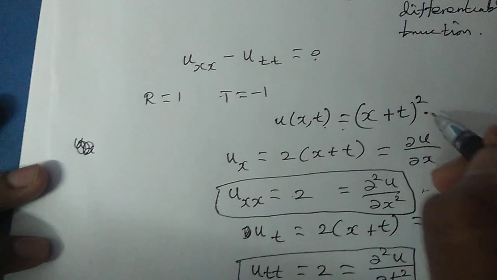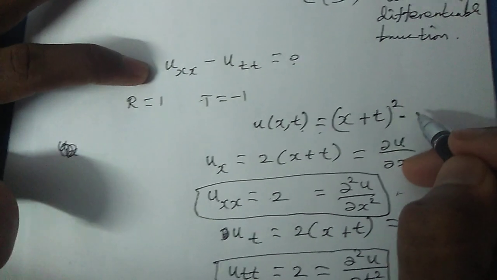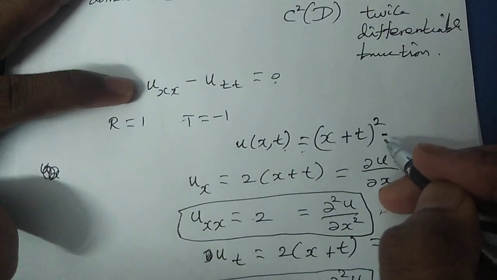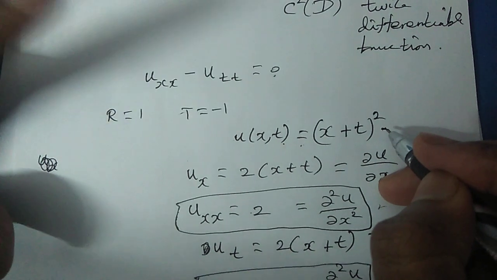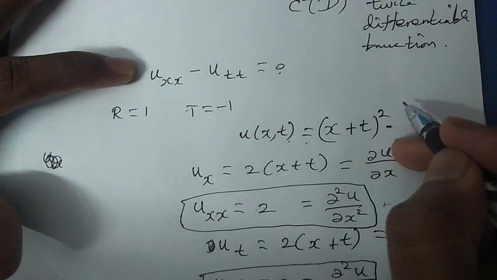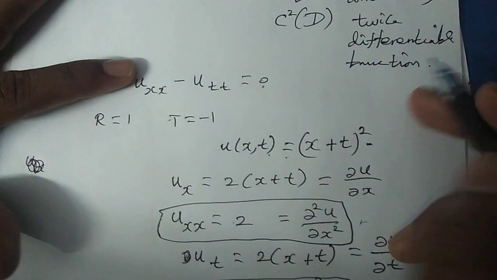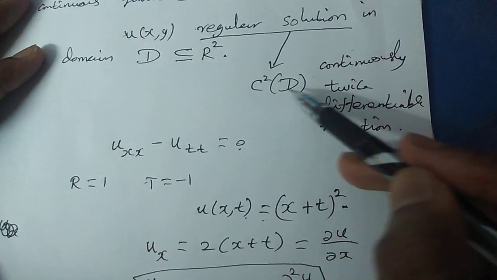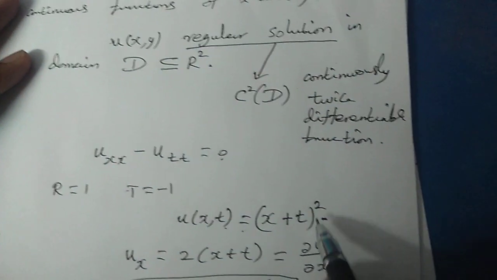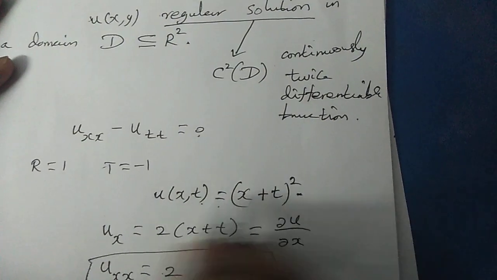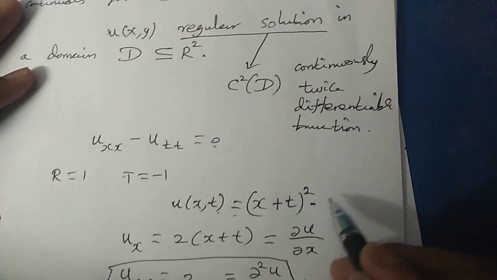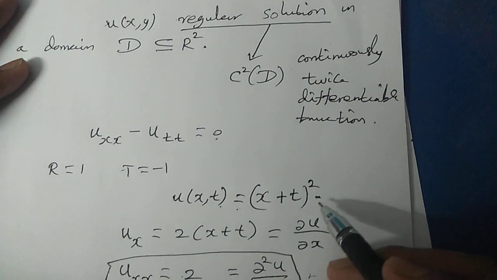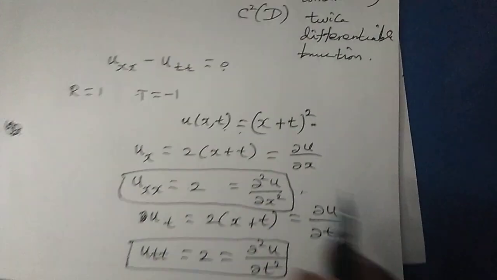So this function satisfies our partial differential equation. But is this a solution? Still we have to verify the other condition, that is, whether our function is C2. That is, if the second derivative exists and is continuous, then it is C2. Yes, it is a C2 function.